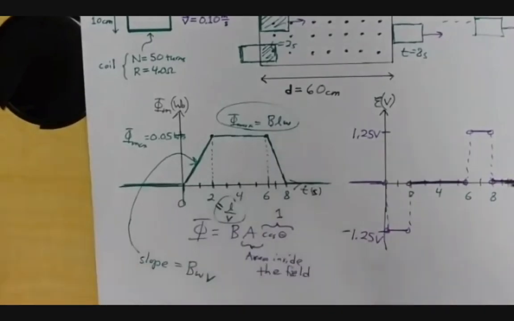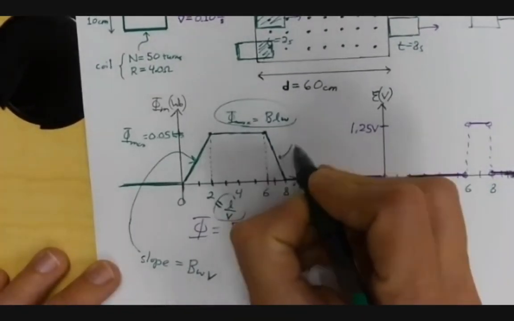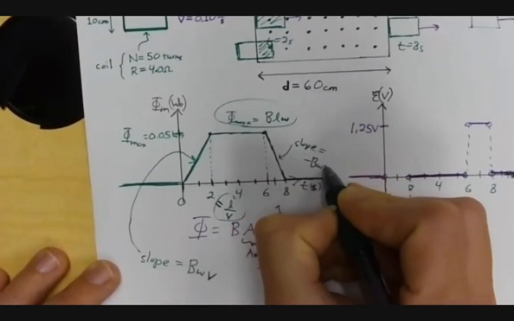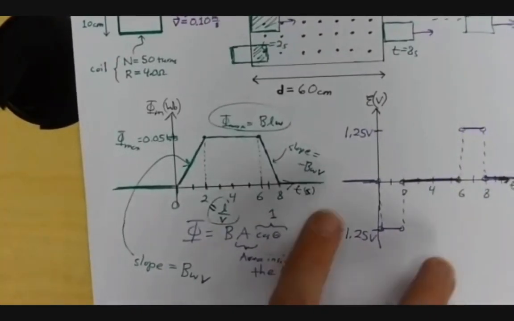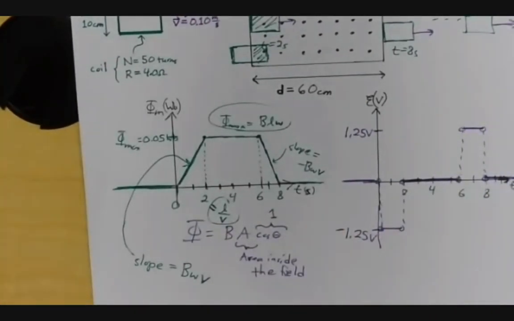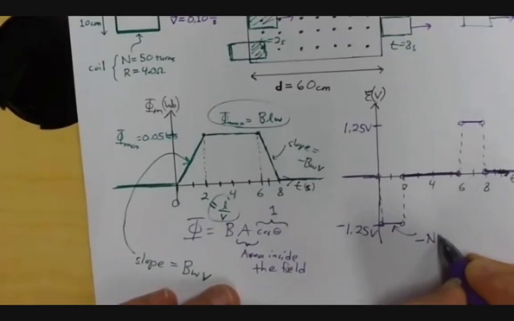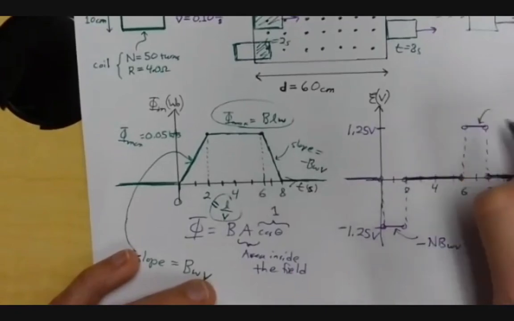That's where we got the 2 seconds from. So the slope is BWV there, and here the slope is negative BWV. With our numbers, that should come out to be the number that is multiplied by 50 or so. So this right here is negative N BWV. It's basically this slope multiplied by negative N. And then here we get the same thing, positive N BWV.